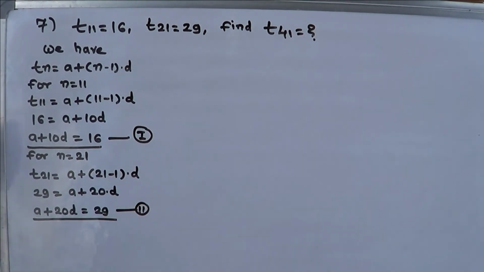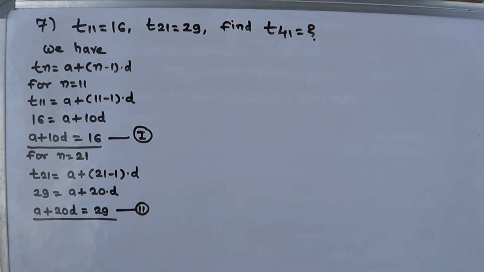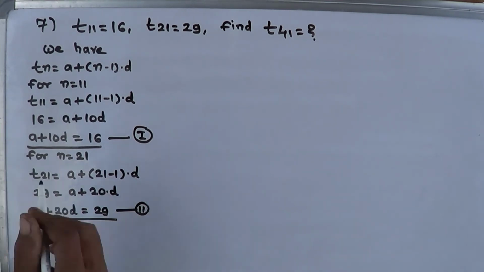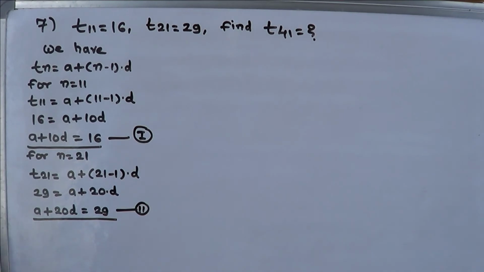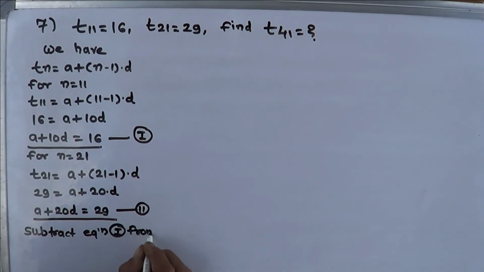So here the coefficients of a are equal, so we can easily find out the value of d. So here we will subtract the first equation from the second. Write the second equation, a plus 20d equal to 29.